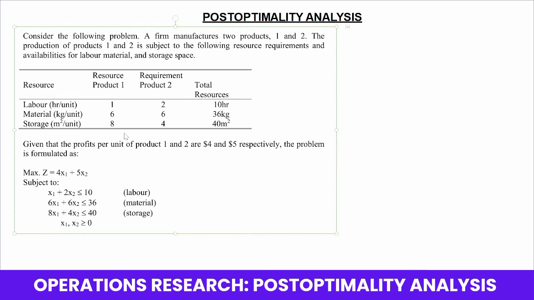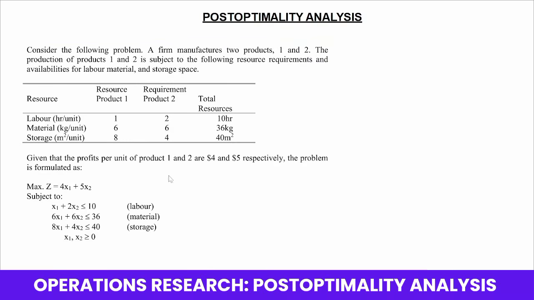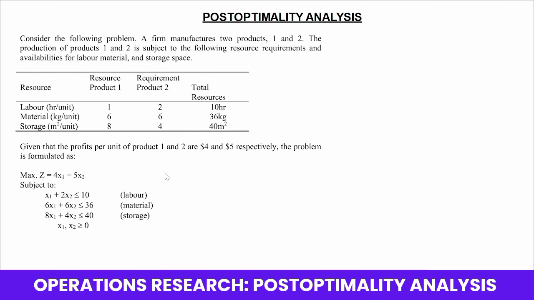We already have the linear program formed for us. This is the LP. What you have to do is to solve this using the simplex method. So first of all, what do we have to do? We have to convert this to the simplex standard form.